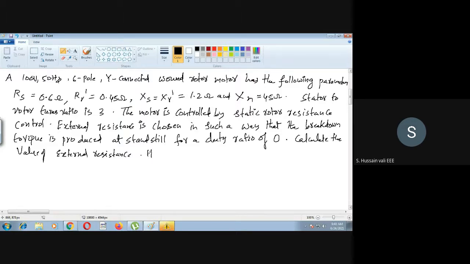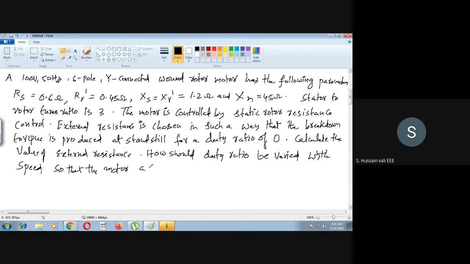Next, how should duty ratio be varied with speed so that the motor accelerates at maximum torque. Now this is the question.